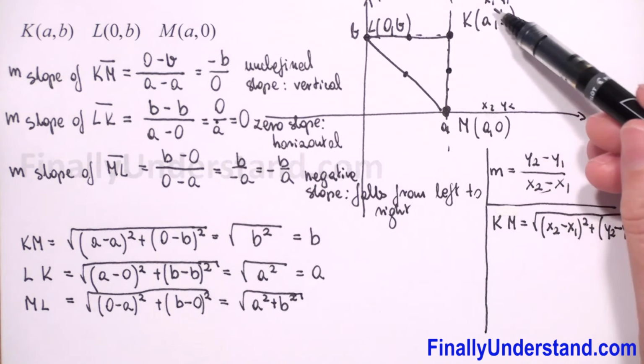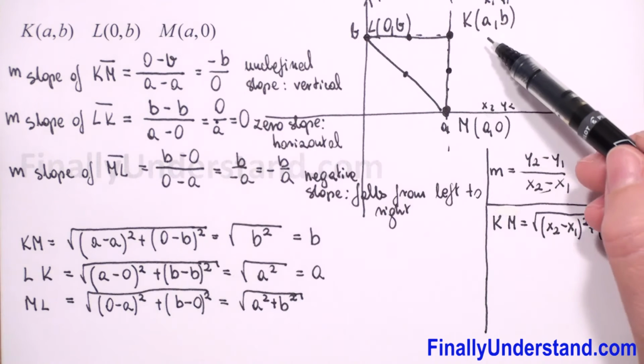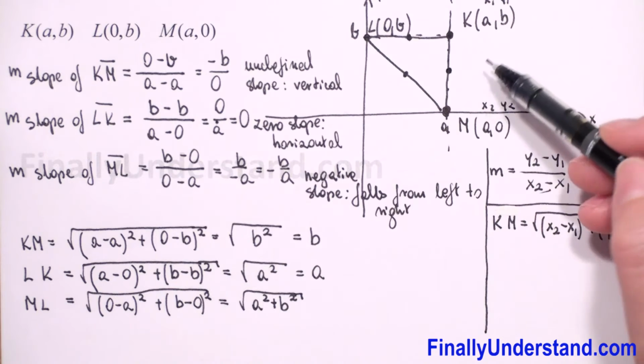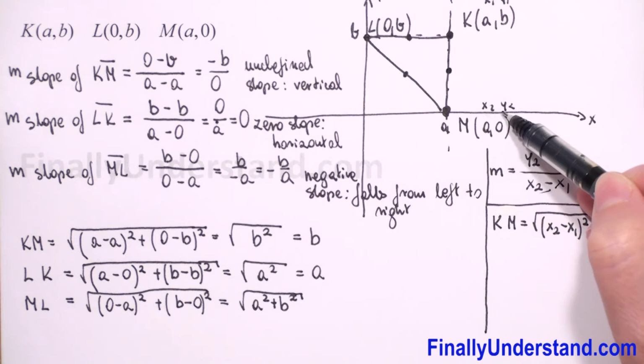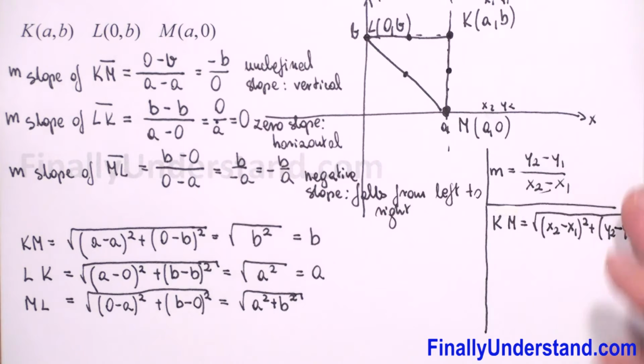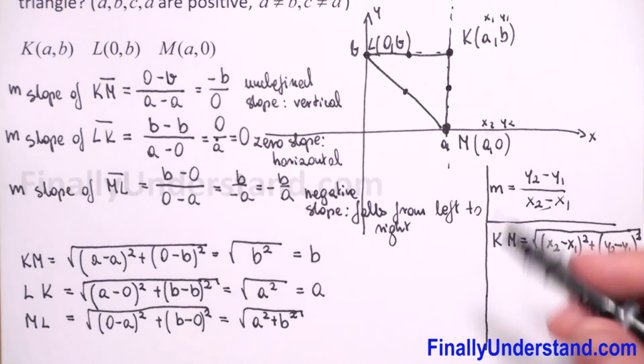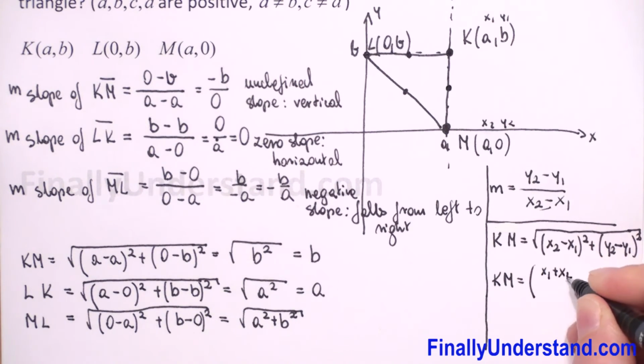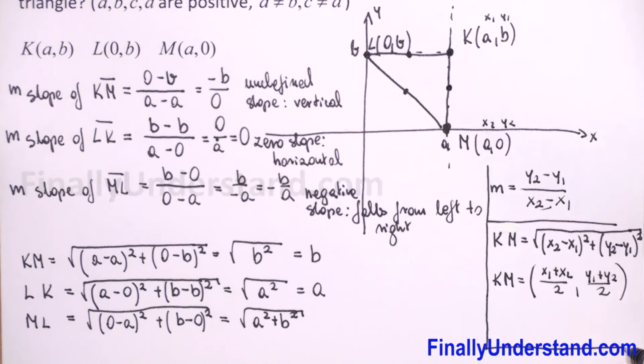If we have two given points, K with coordinates x1, y1 and M with coordinates x2, y2, then the midpoint of KM will be (x1 plus x2) over 2, and this is the first coordinate, and the second is (y1 plus y2) over 2. So we have the formula for the midpoint.